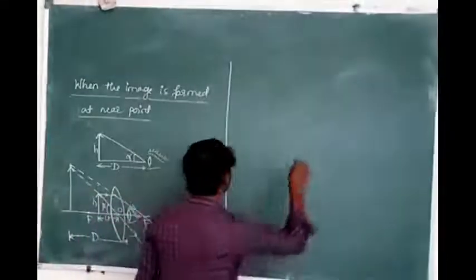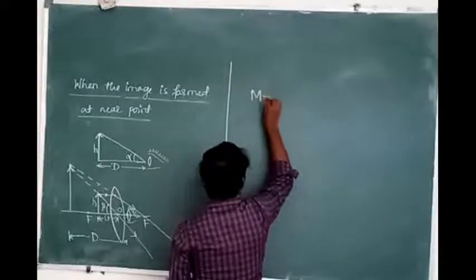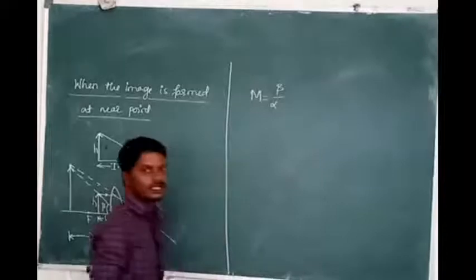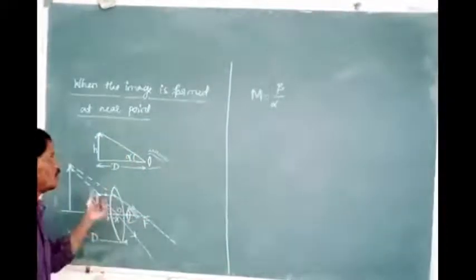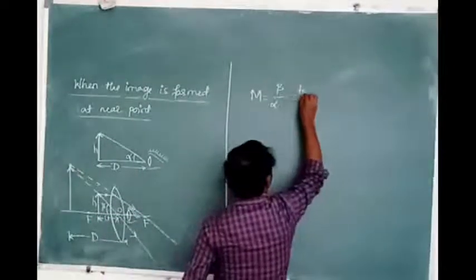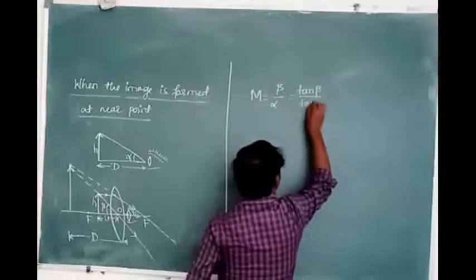Now we are going to derive the expression. By the definition, angular magnification is beta by alpha. We have to find beta and alpha. So I will take tan beta divided by tan alpha.